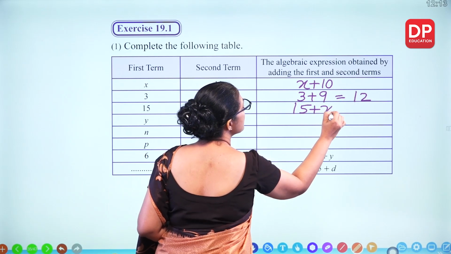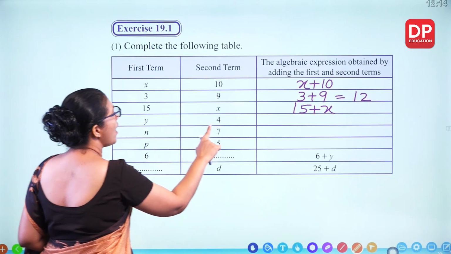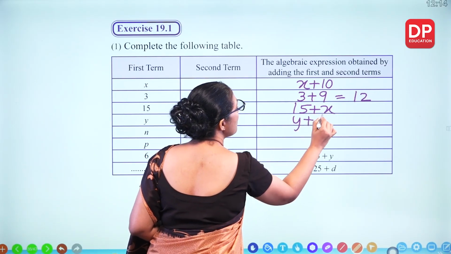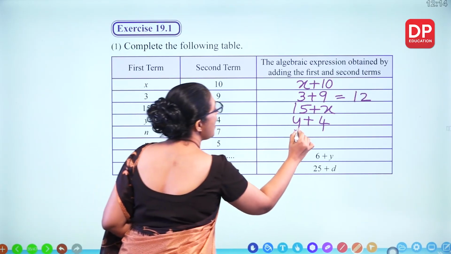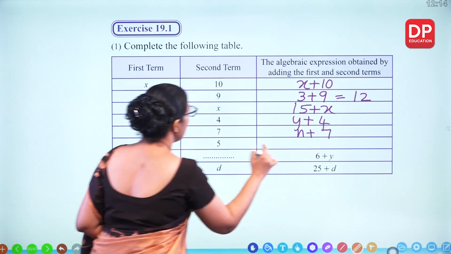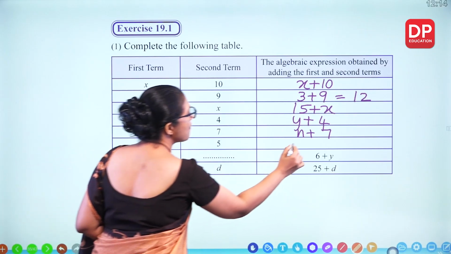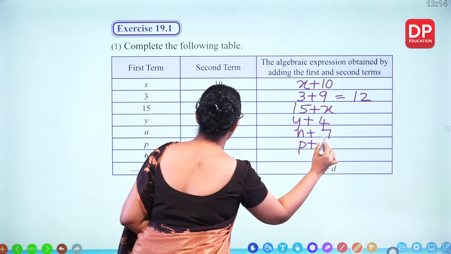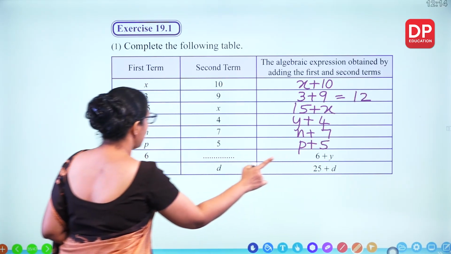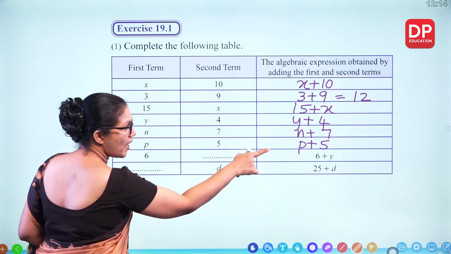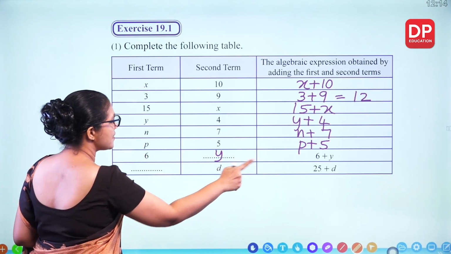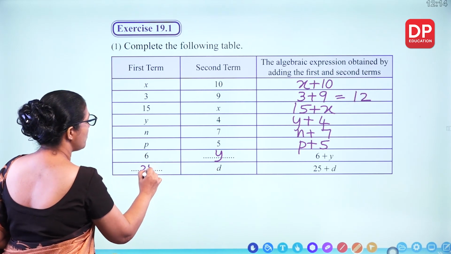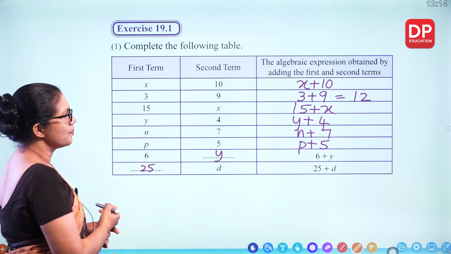You can't add those. Y and 4. Y plus 4. N and 7. N plus 7. P with 5. P plus 5. And here 6 plus y, so this should be y. 25 plus d. D is there. This should be 25.